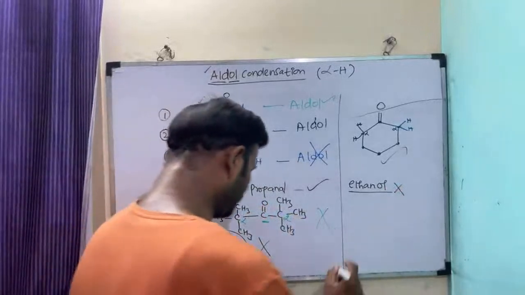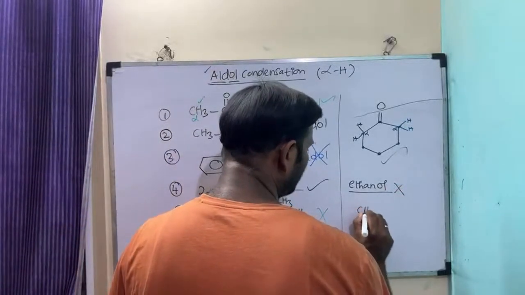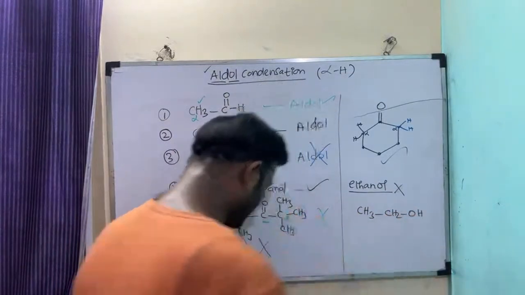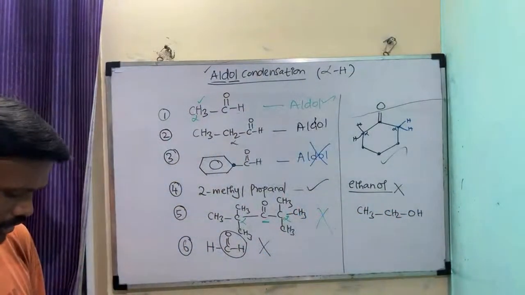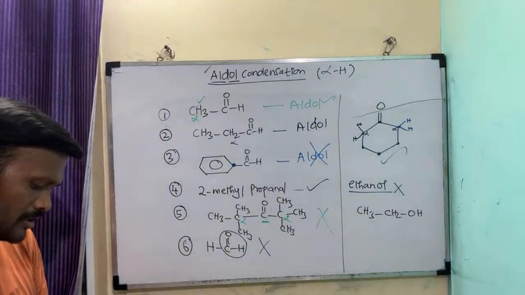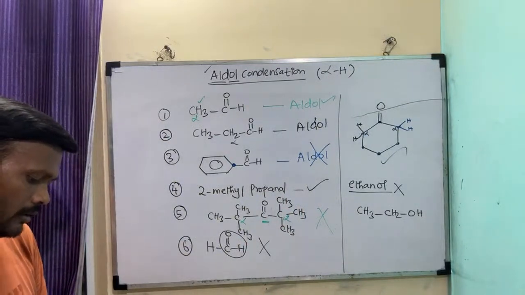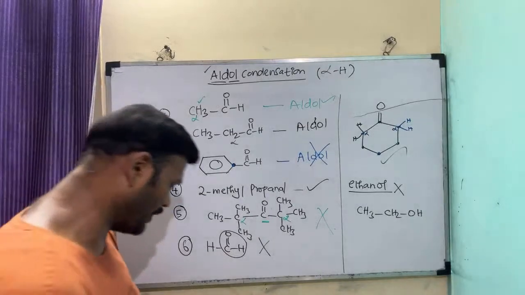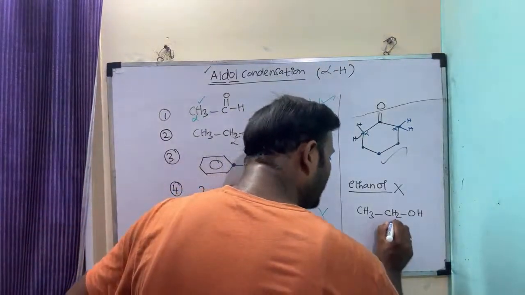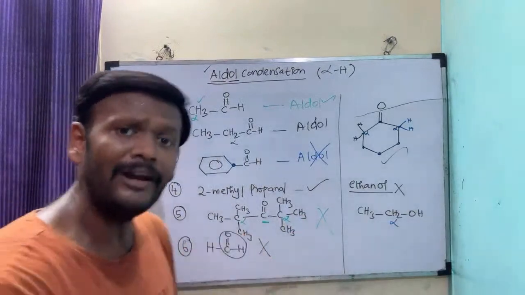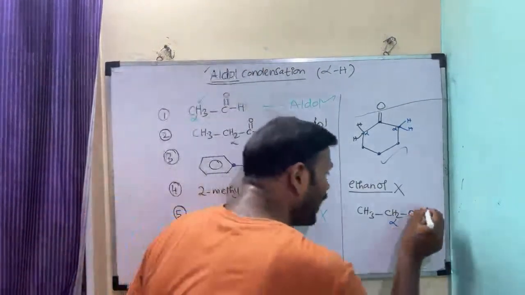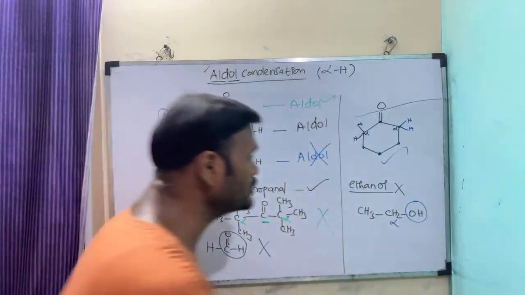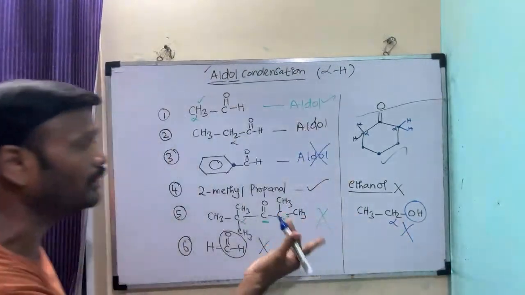Why? Because ethanol is CH3CH2OH. Clear? This is an ethanol molecule. It has an alpha carbon and alpha hydrogen, but it is not an aldehyde, it's an alcohol. So it is not involved in aldol condensation.